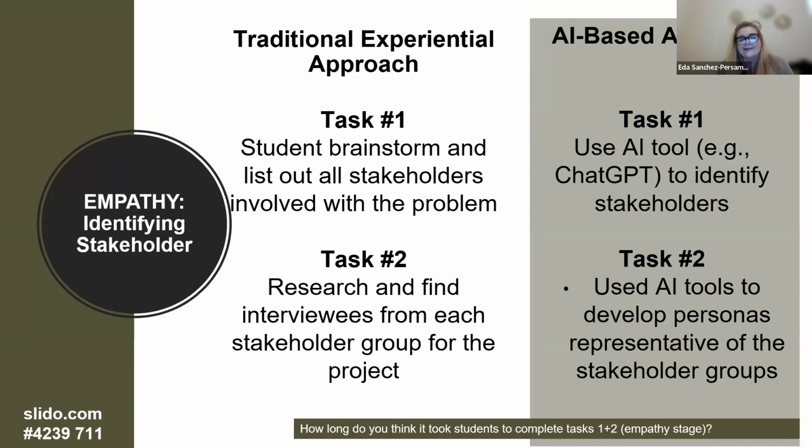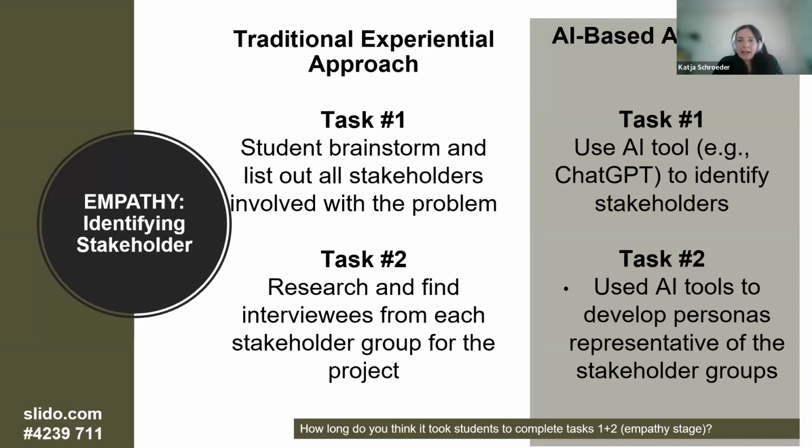Their next task was to research and find potential interviewees from within each stakeholder group. This was often a very challenging step, and often the faculty had to facilitate some of the interviewees.